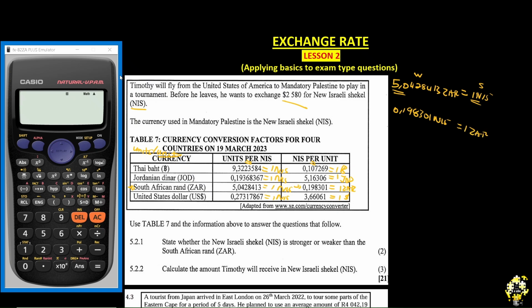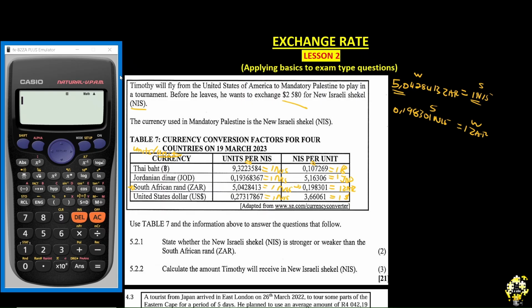It still proves what we are saying. You need 1 South African rand to get 0.19 NIS, so it still shows weak, strong. There is no such thing as the South African NIS. By this, we can simply tell that the NIS is stronger than the South African rand.